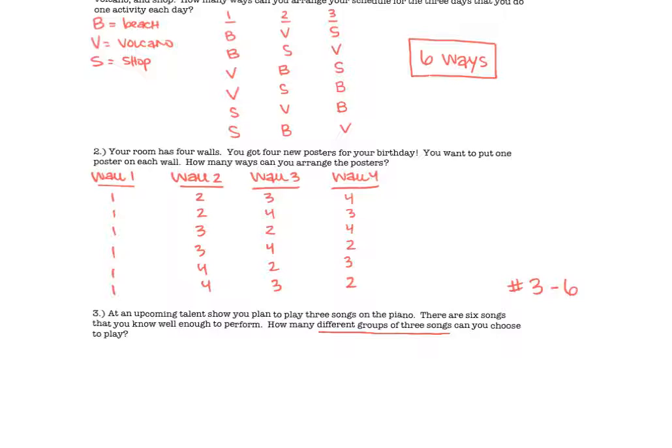If I number my songs, 1, 2, 3 would be the same group as 1, 3, 2, which would also be the same group as 2, 1, 3, and 2, 3, 1, and 3, 2, 1, and 3, 1, 2. Those are all the same group of songs, so I only need to count that group 1 time, okay? Because it's asking for groups.